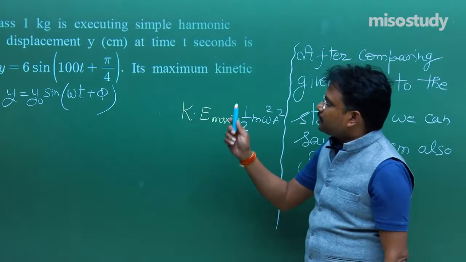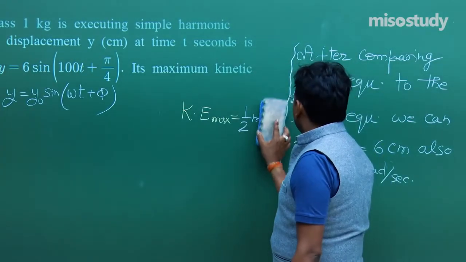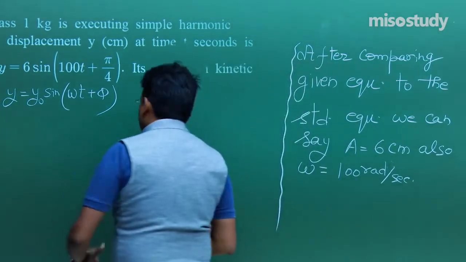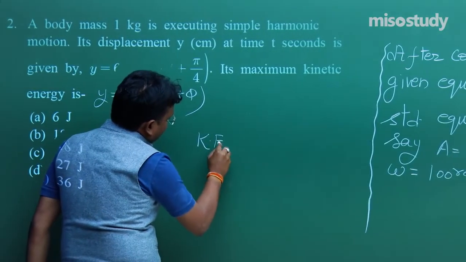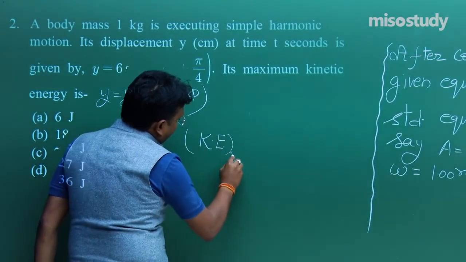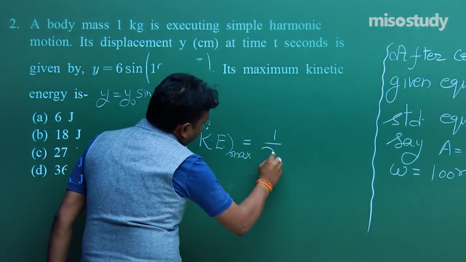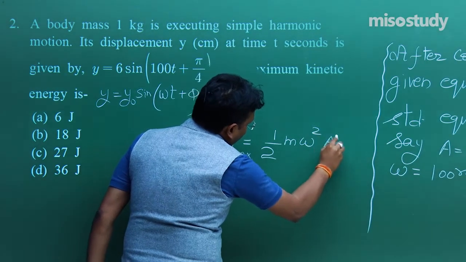Now, here please take a look. Mass m, I think I should mention this formula in a bigger format so that I can compare these results. Let me stand over here for a few seconds. Kinetic energy max is equal to half m omega square a square, okay.